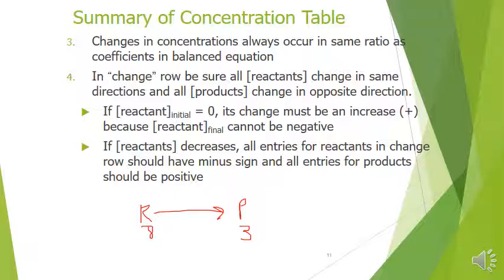First of all, you figure out Q, and if Q is less than K, the reaction will go to the right, and if Q is greater than K, then the reaction will go to the left. So that's the other thing. So maybe you'll be given a reactant and the amount of product. You have to decide which way the reaction is going to go first, and then you can use the ICE table.